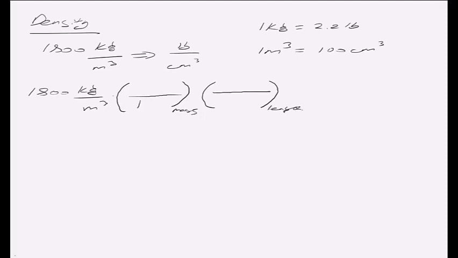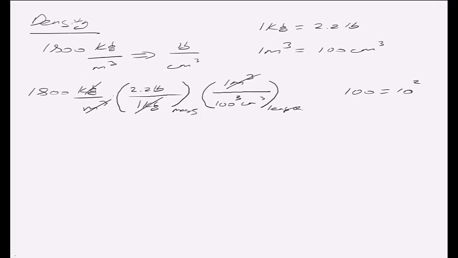So 1 kilogram is 2.2 pounds, so that the kilograms cancel, and 1 meter cubed is equal to 100 centimeter cubed, where we must also cube a centimeter, so that the meters cubed cancels. And 100 can also be written as 10 to the 2.